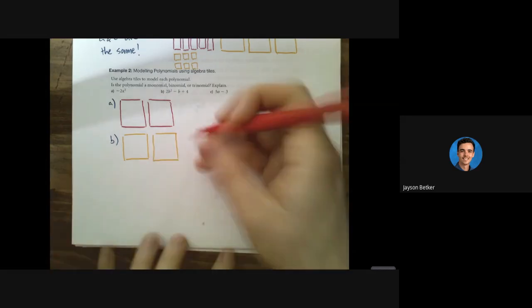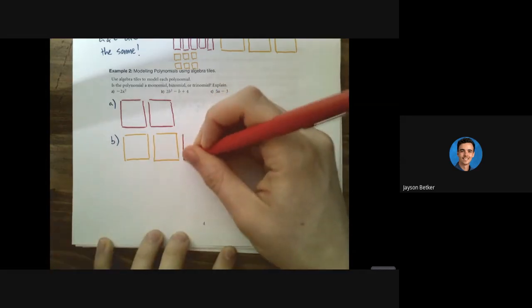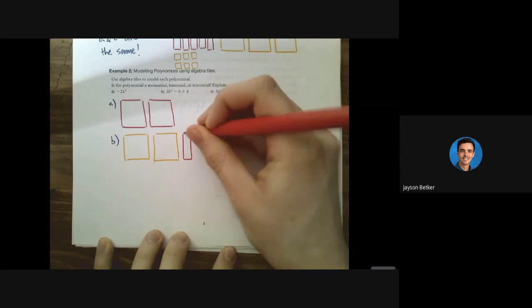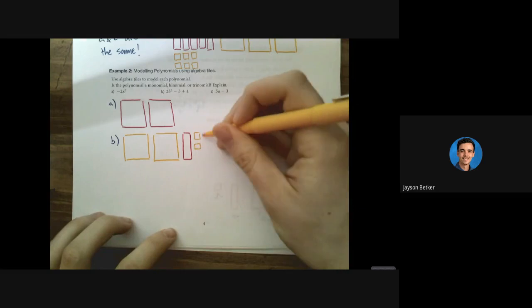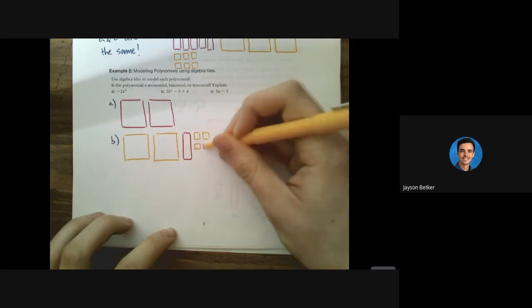And then minus b, well, that's just technically 1. So minus 1b. And then plus 4. So I have 1, 2, 3, 4. And there we go, finished.